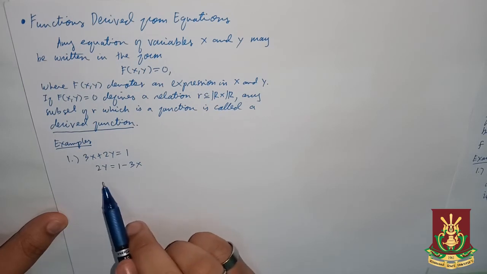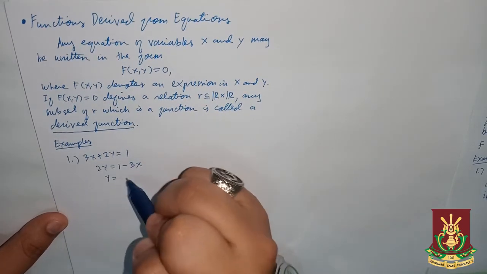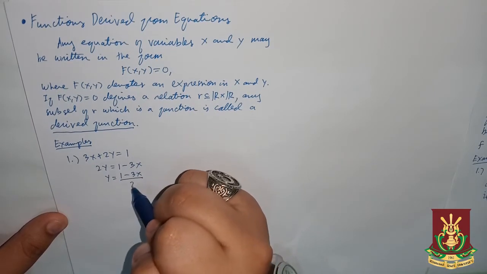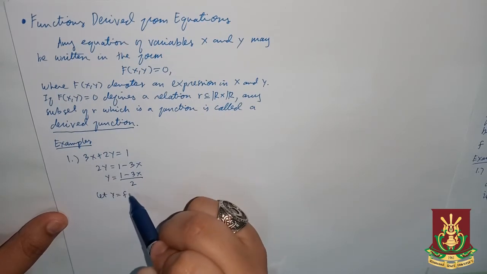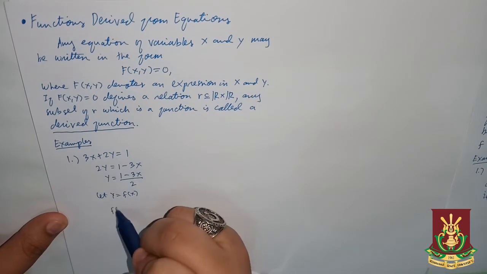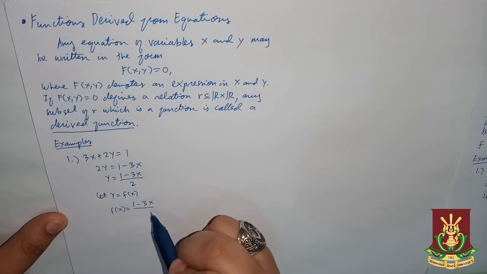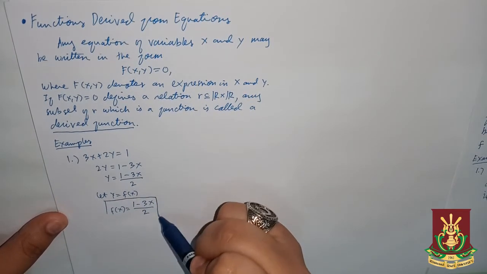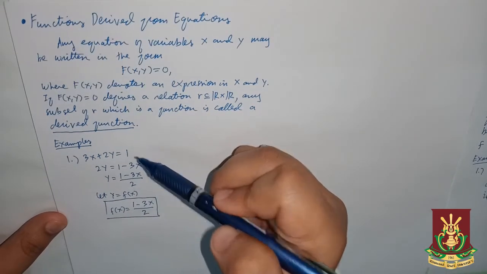Dividing both sides of this equation by 2 would give us y equals 1 minus 3x all over 2. If we let y be equal to f of x, then this equation becomes f of x equals 1 minus 3x all over 2. This is our function which is derived from this equation.